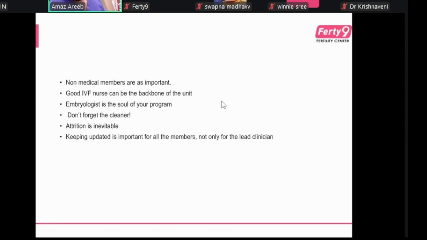The non-medical members are also important, starting from our watchman to the front desk to the good IVF nurse who can take care of your patients, and the andrologist or embryologist who will be a key player for your program for successful pregnancy. Apart from that, the sterility of the area also makes a very huge difference.